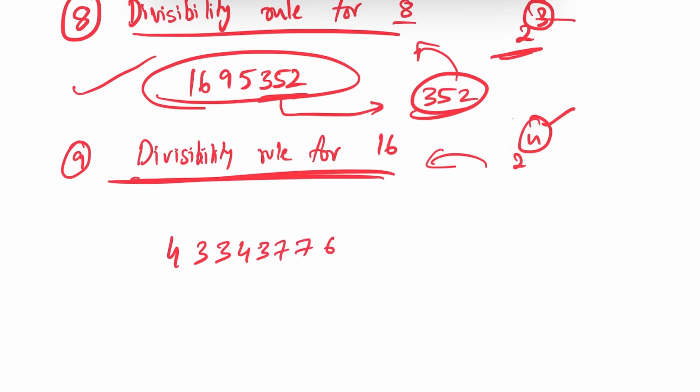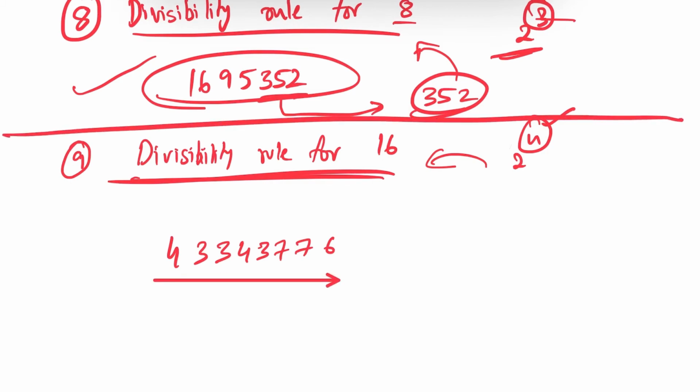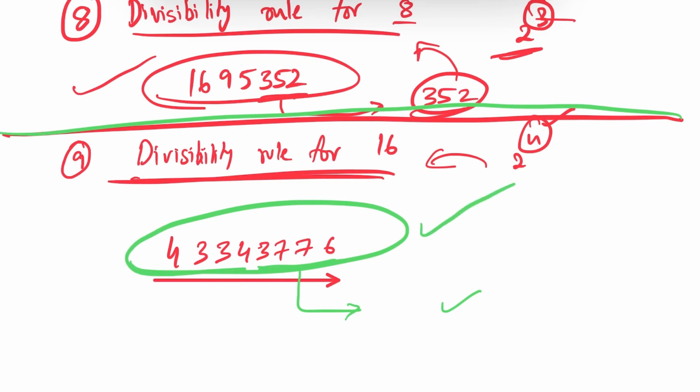All right, so for this number, whether it's divisible by 16 or not, how will we be checking? We can only check this number when we know this rule, right? The last 4 digits, these are divisible by 16. If yes, the whole number is divisible by 16.